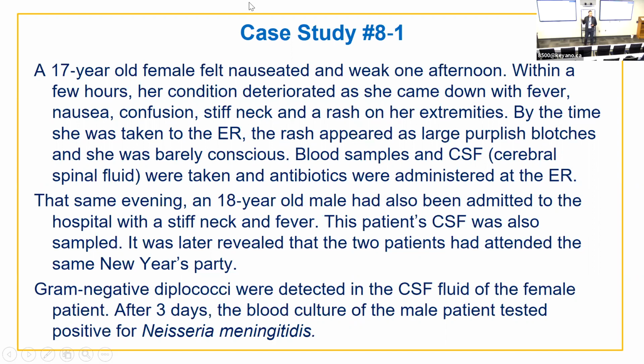So you may remember a few topics ago, we had gram-negative diplococci. What was it? You remember gram-negative diplococci? It was gonorrhea, yeah. So Neisseria gonorrhea is a related organism, gives the same gram stain, but is associated with a sexually transmitted infection.